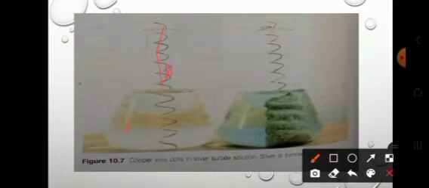It will take over the silver's place, and we end up with a solution that's now copper sulfate rather than silver sulfate, and the silver forms a layer on top of the wire.